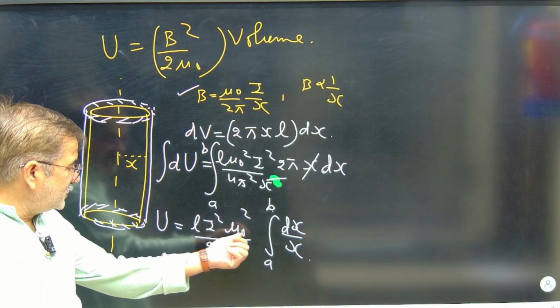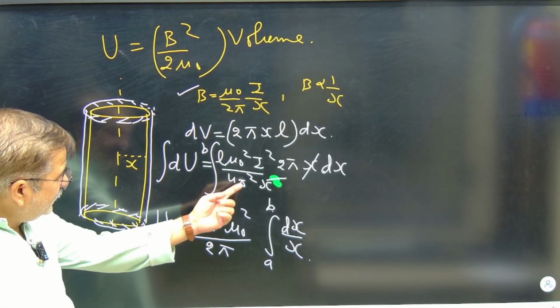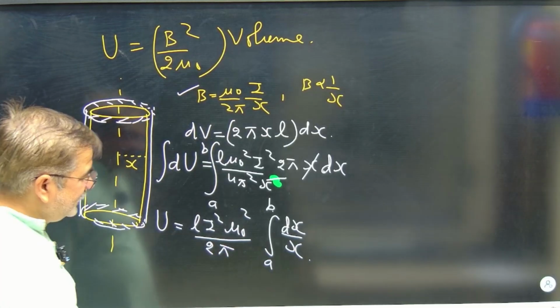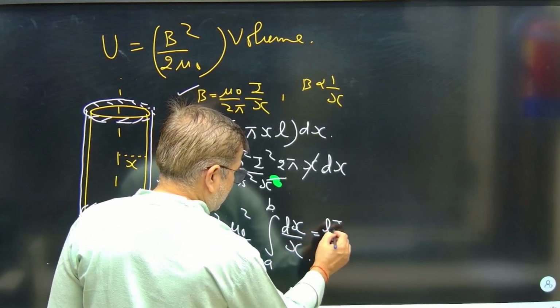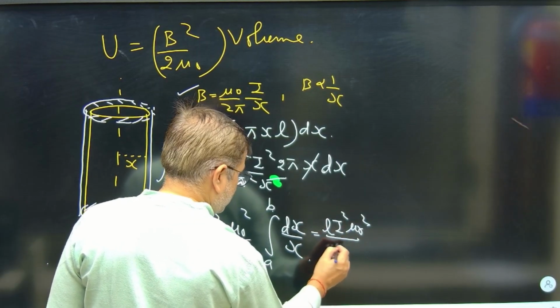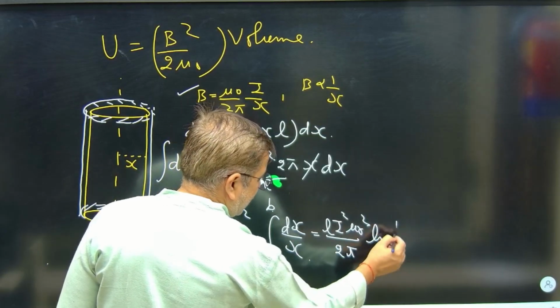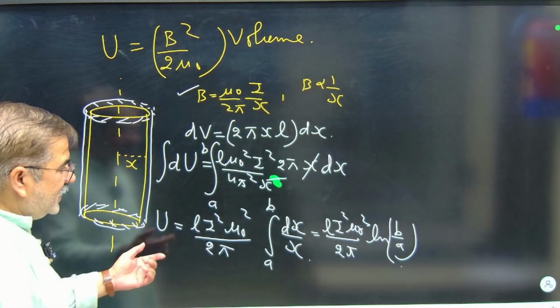For the whole energy, integration of dx by x is ln x. So this value further I will get L I square mu naught square over 2 pi ln B by A. This is the energy stored.